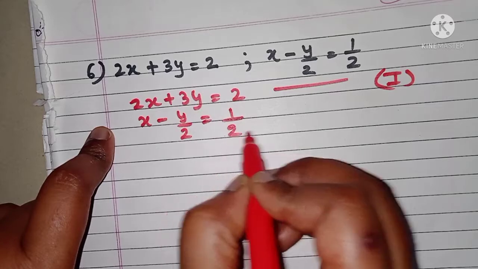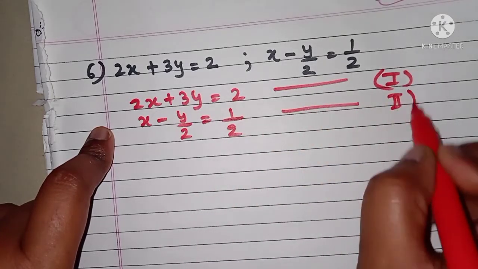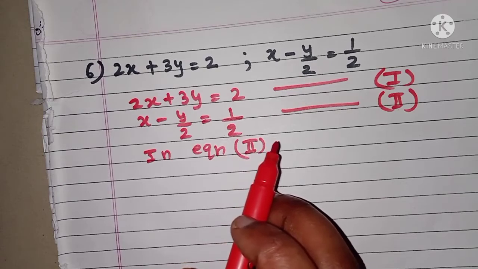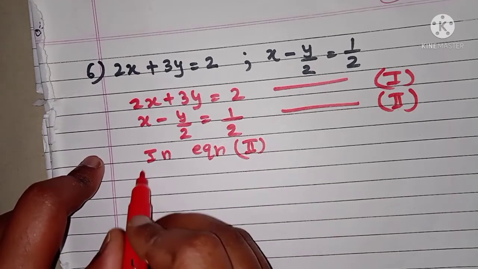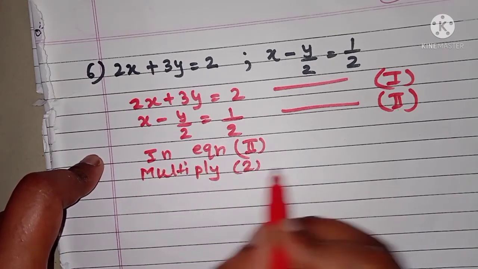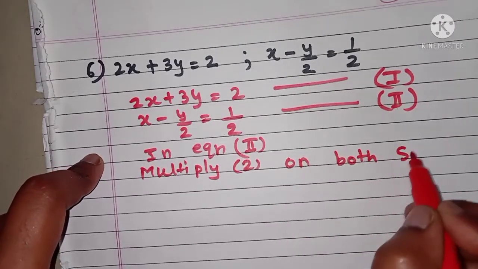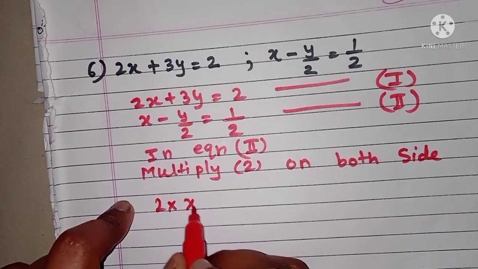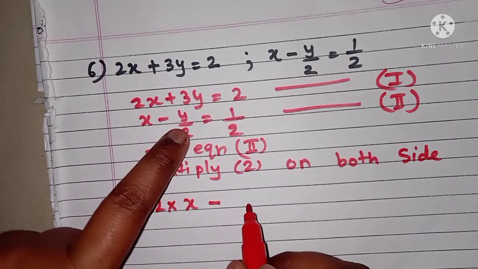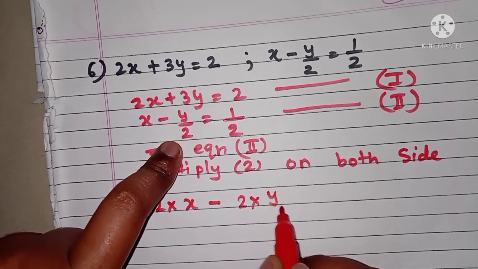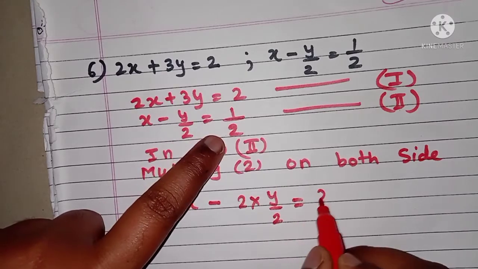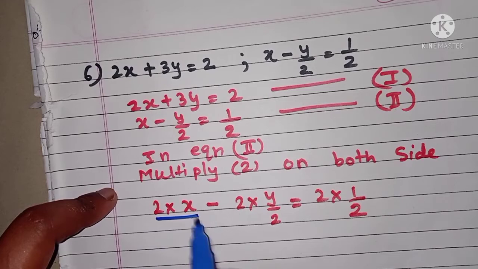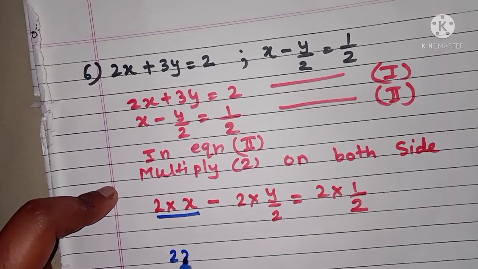इसको सॉल्व करने के बहुत तरीके, आप डायरेक्ट भी कर सकते हो, but I can see the 2 is dividing on both sides. So what I will do? Multiplying, what I will get? 2 into x minus 2 into y upon 2 is equal to 2 into 1 upon 2. It will multiply, give 2x.